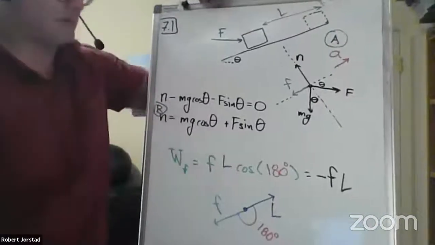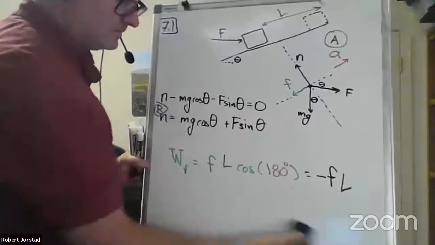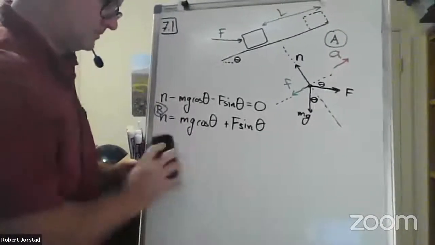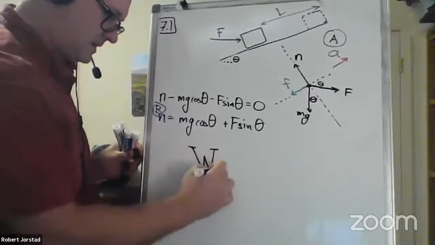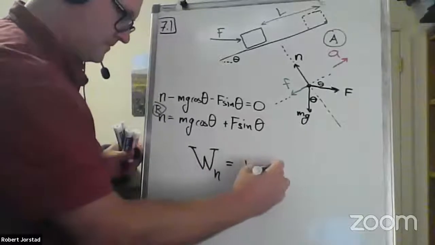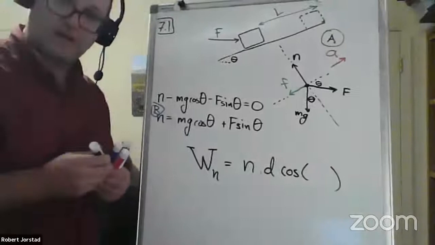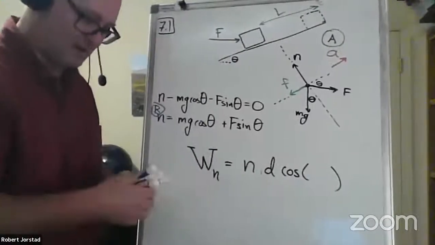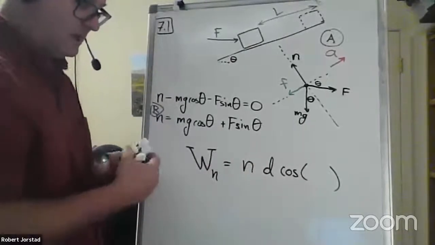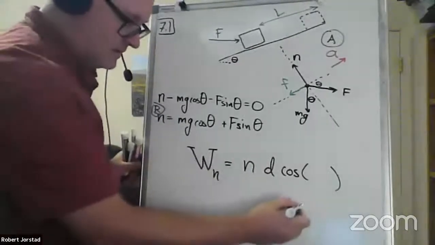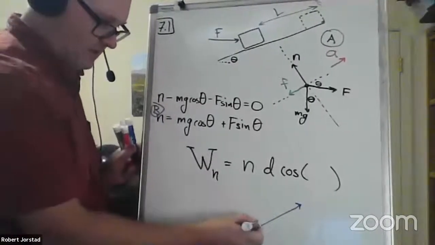How did I know the work done by the normal force is 0? Let's draw a picture. By drawing the picture, you understand it better. It's not required, but if it helps you pass, let's do it. Okay. The normal force is pointing this way, right?